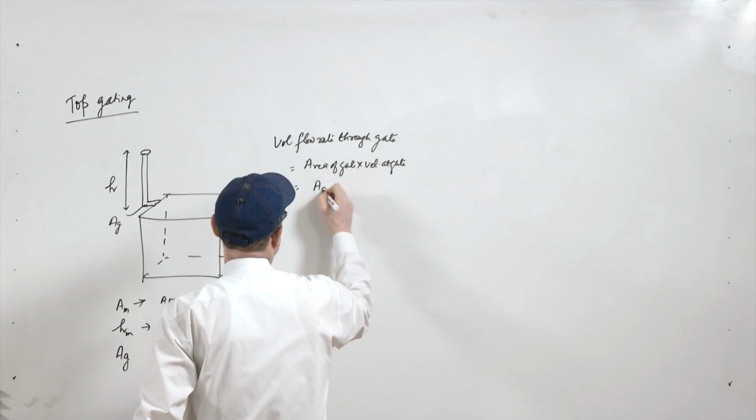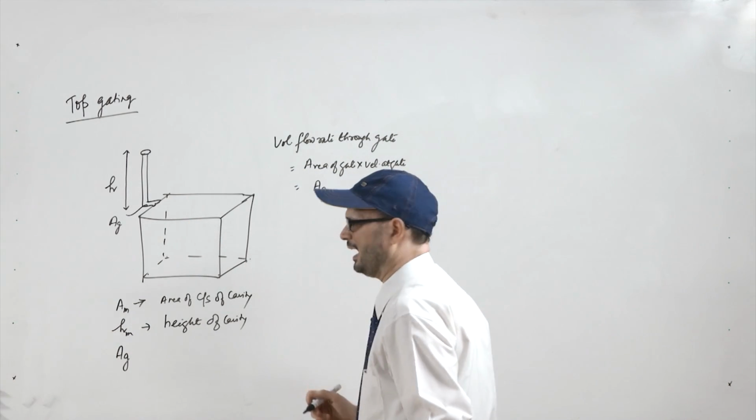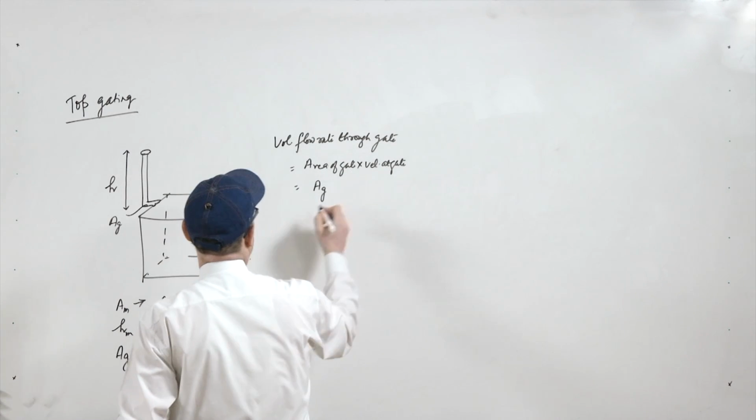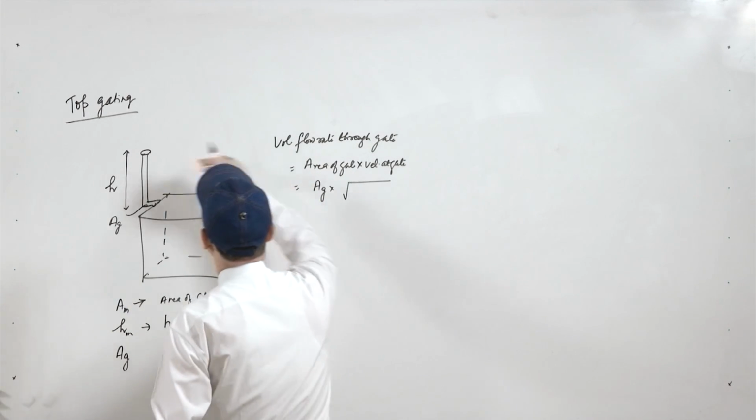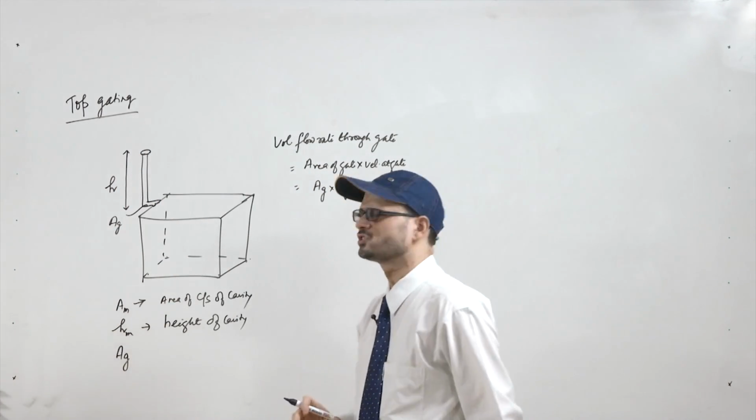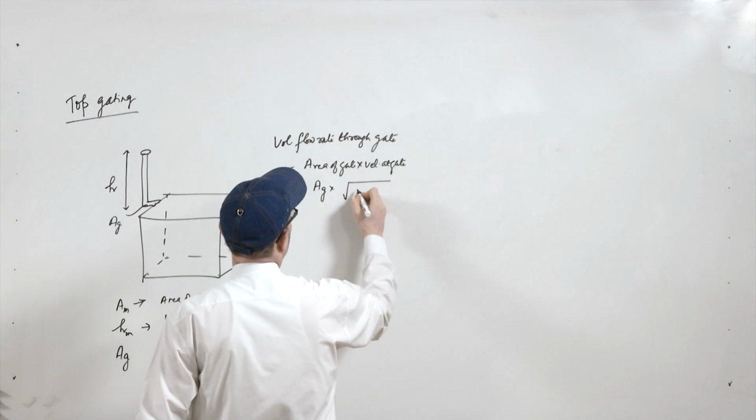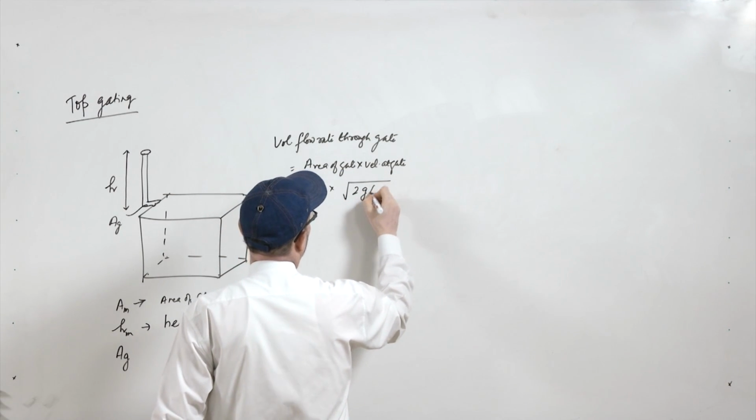Since the metal is coming from the height of H, using the Bernoulli theorem you can find this velocity will be root 2gH.